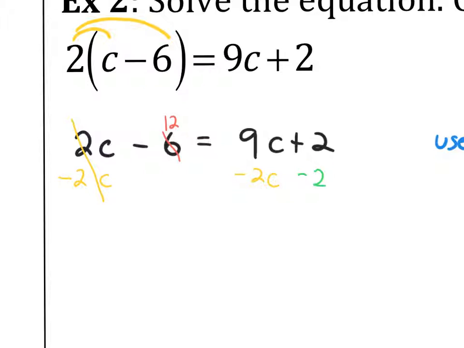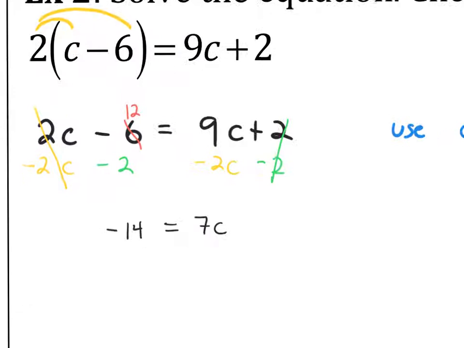This 2 over here is going to shift over to that side there, just to move away from the vile variable. So on this side, I get negative 14 because negative 12 minus 2 is negative 14. And on this side, I get 9c minus 2c, which is 7c. Positive over there.